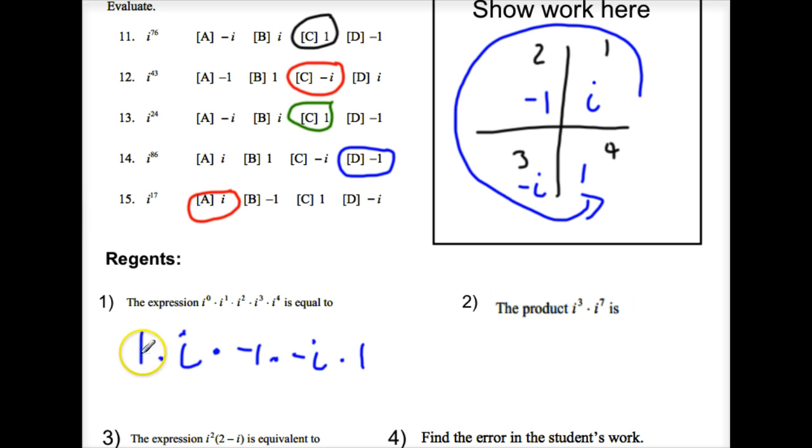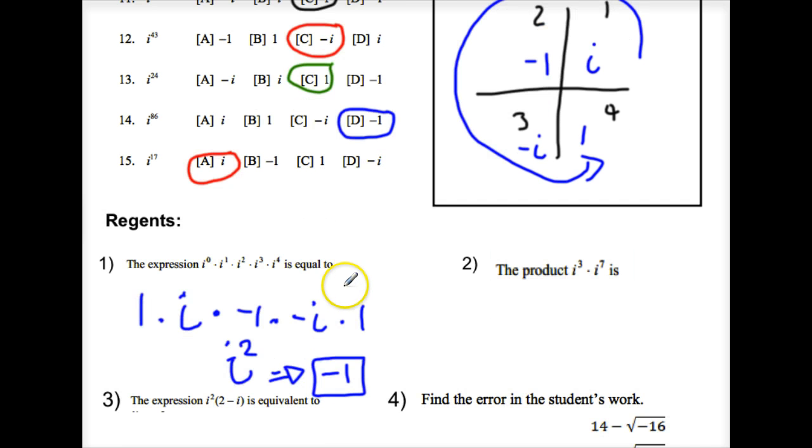So let's multiply this. 1 times i is i, times negative 1 is negative i, times negative i is i square, times 1 is i square. We know i square can be simplified to negative 1, and that's my final answer.